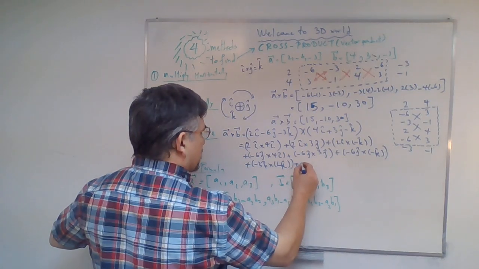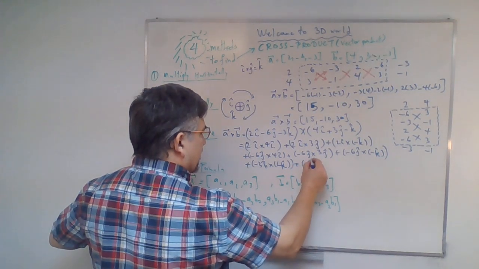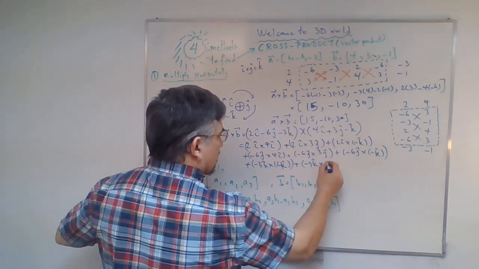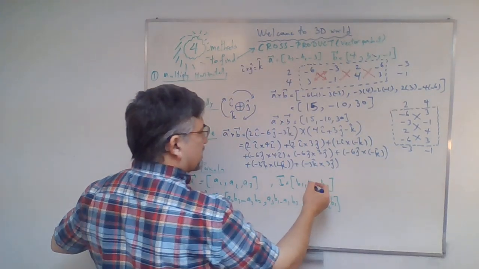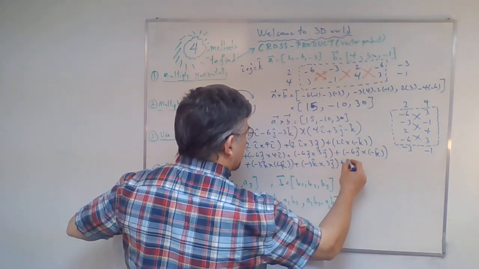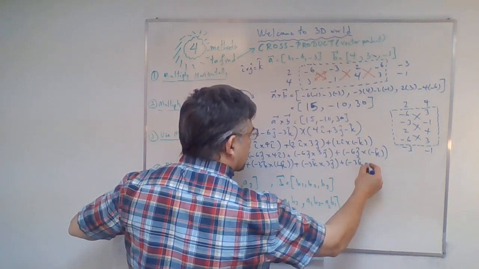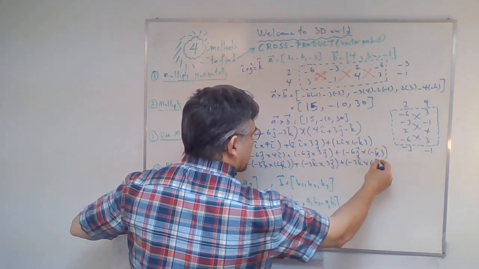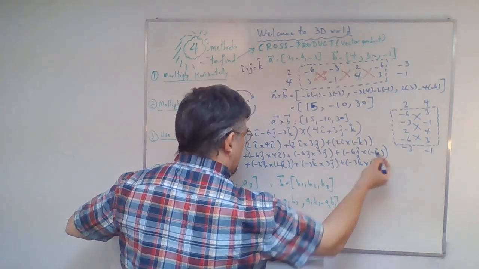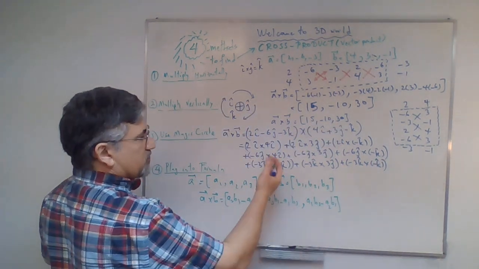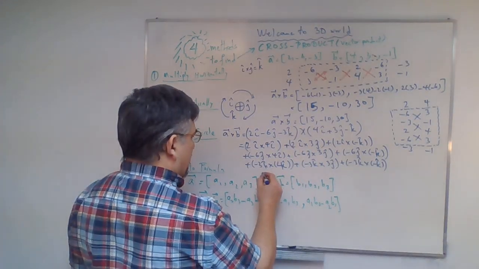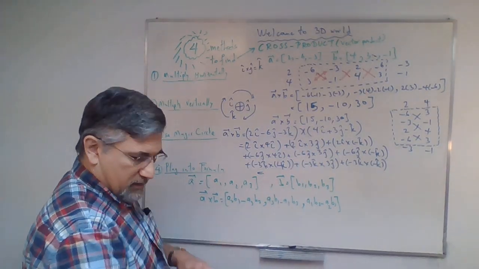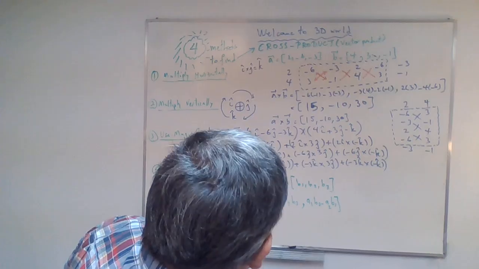And next one would be negative 3k hat cross 3j hat. And then the last one would be negative 3k hat cross negative k hat. Okay, so I just do the sort of FOIL, you can say, from algebra. And now we just have to see what these outcomes are.